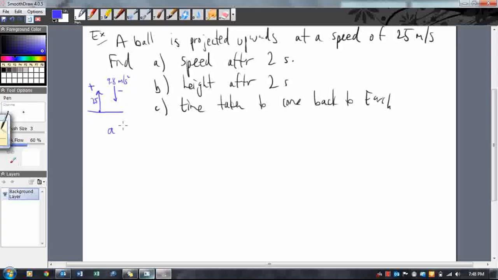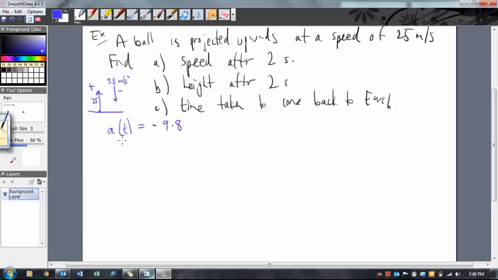So let's just write that down. In fact, a of t is equal to negative 9.8 meters per second squared. So that's your acceleration. From there, what we're after is speed and height and those sorts of things. So to be able to find them, we need to find a velocity function and a position function.